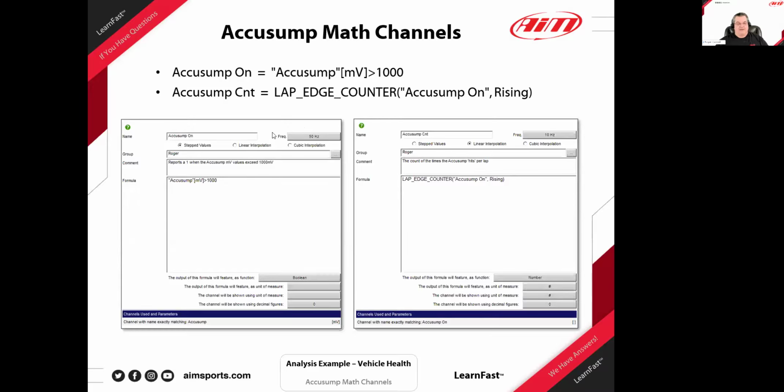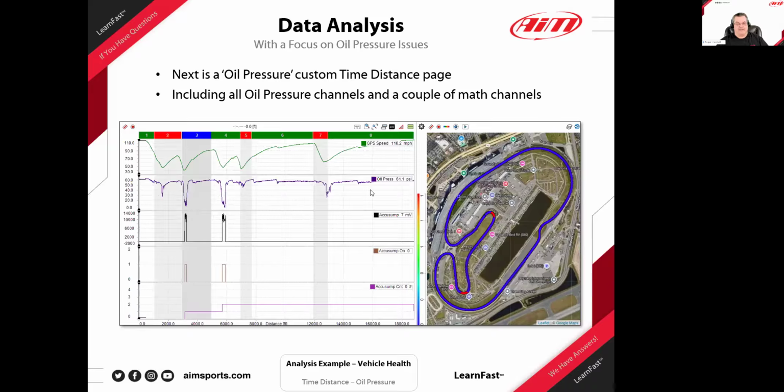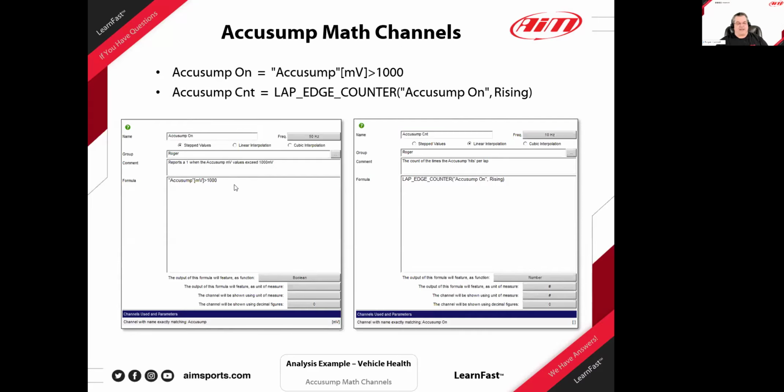By the way, the frequency. We talk about this sometimes. For things like the on-off type of things, I'm a big fan of turning up the sample rate a little bit in Race Studio 3, but a good habit is, whatever the core channel was, the AccuSump actual channel, if it was at 10 hertz or 20 hertz, you should tend to follow the same sample rates when building the math channels.